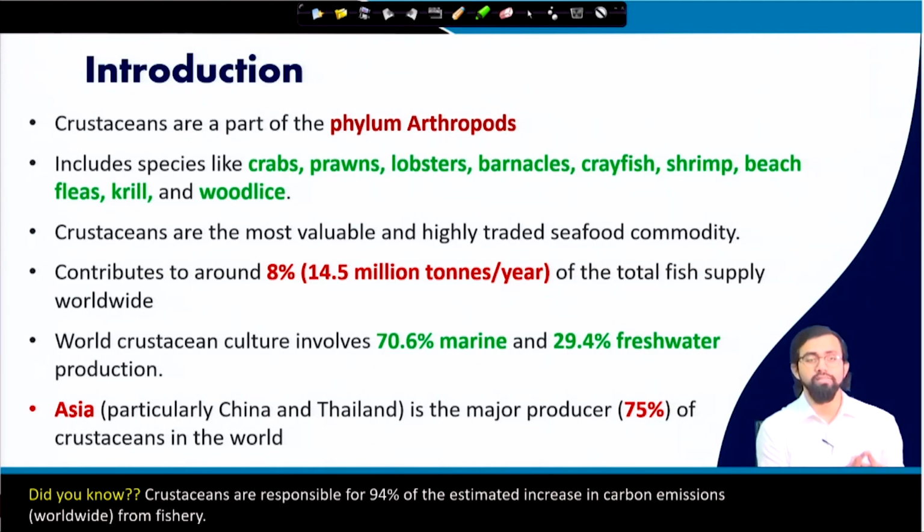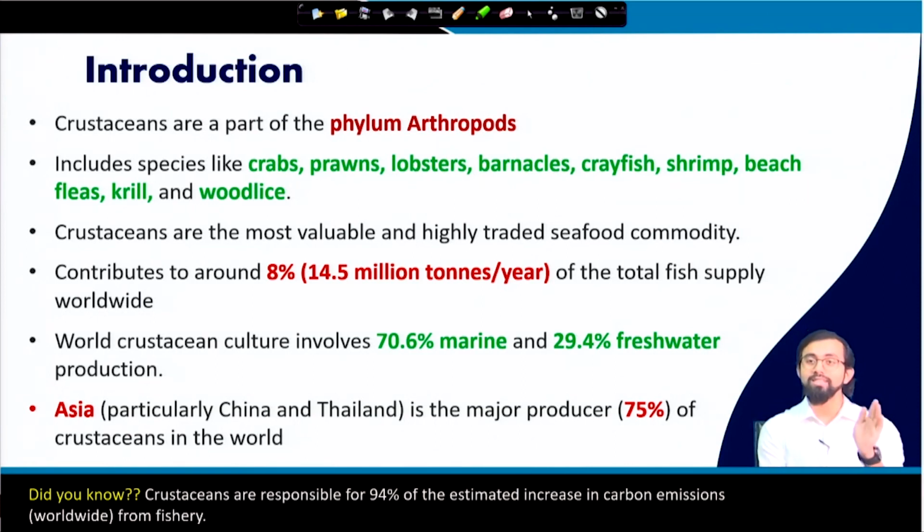In Asia itself, China and Thailand specifically are the major producers, almost 75% of the crustaceans in the world. Surprisingly, you will be astonished to know that these crustaceans are responsible for 94% of the estimated increase in the carbon emission from the fishery sector.